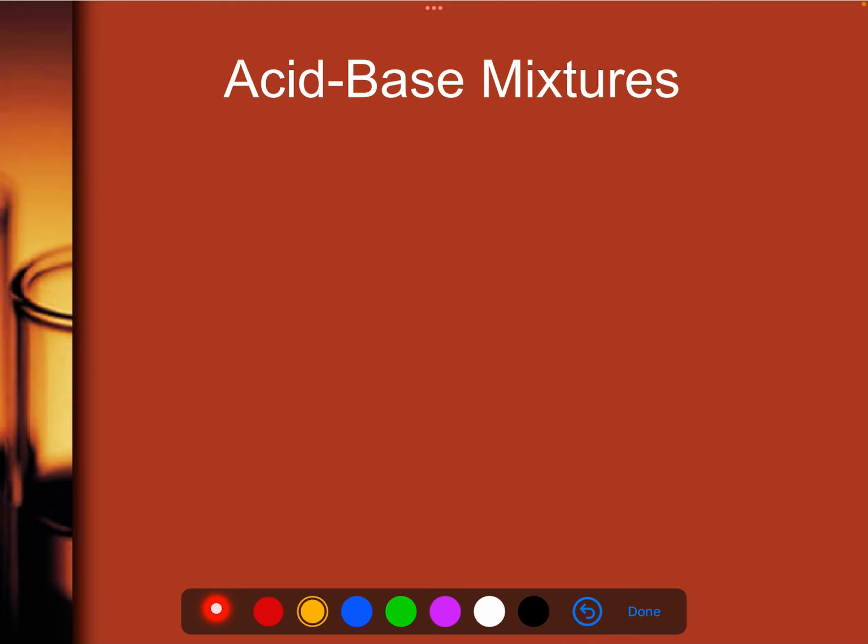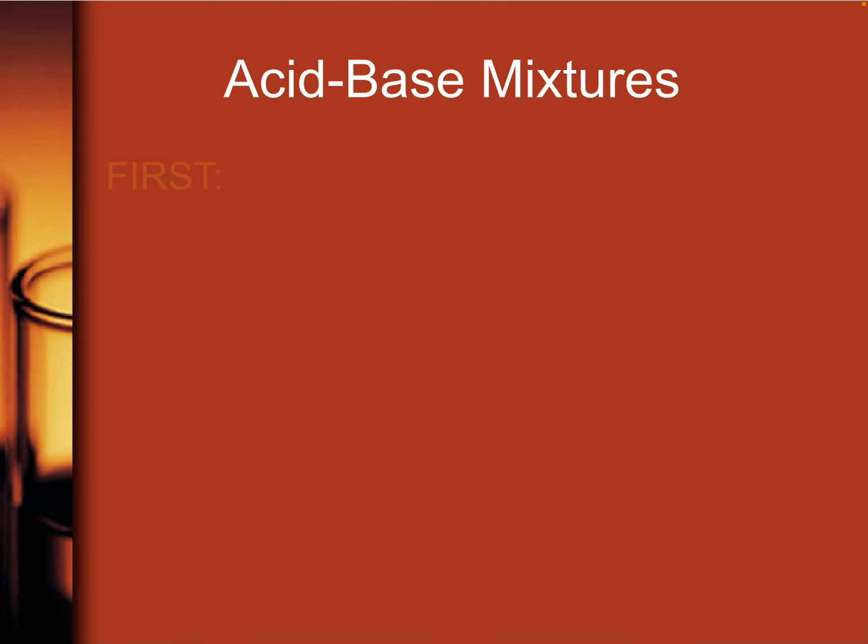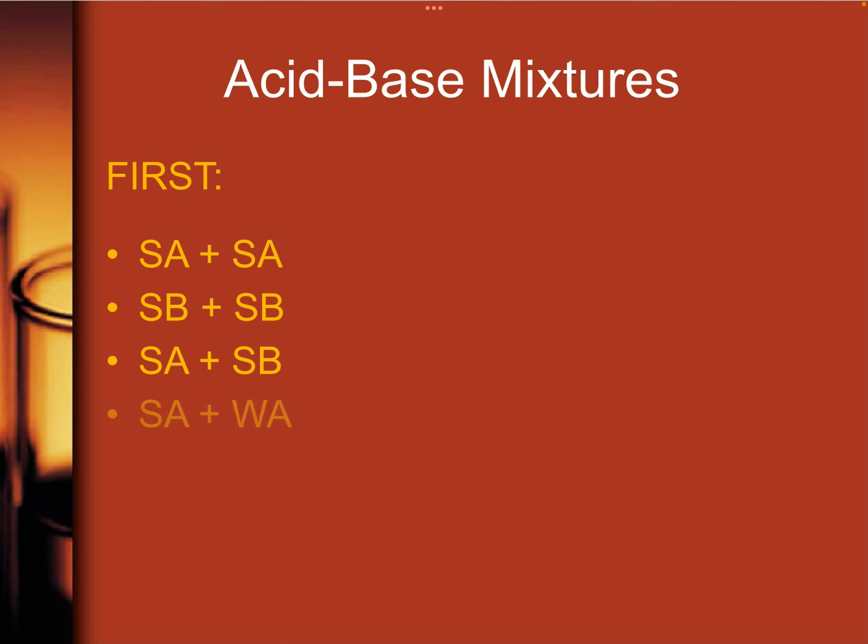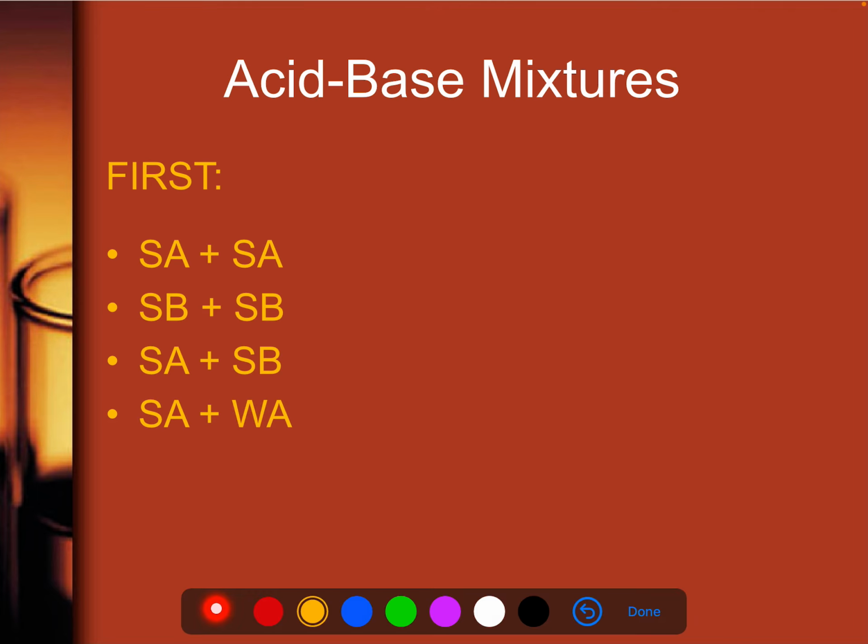So throughout the rest of this unit, we're going to be looking a lot at these acid-base mixtures. We're going to look at what happens if we have two strong acids combining, two strong bases combining, a strong acid and a strong base combining, or a strong acid and a weak acid, or a strong base and a weak base.